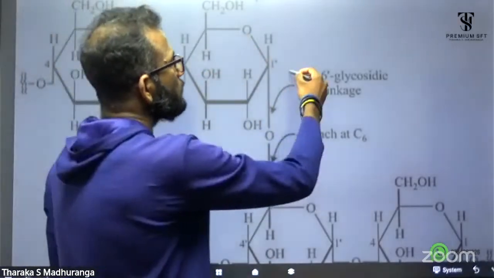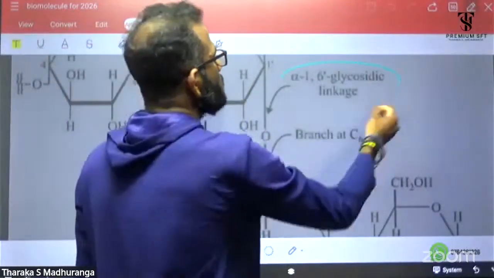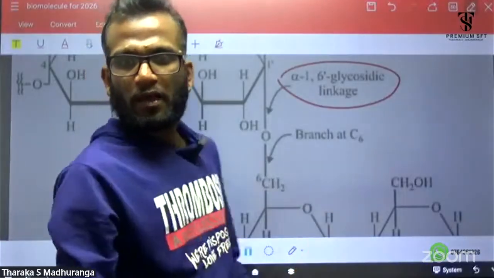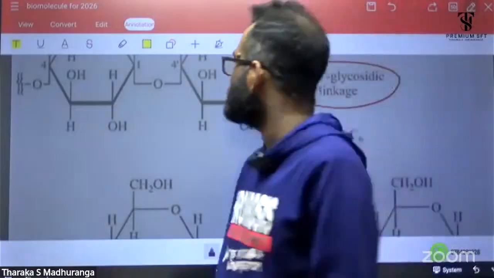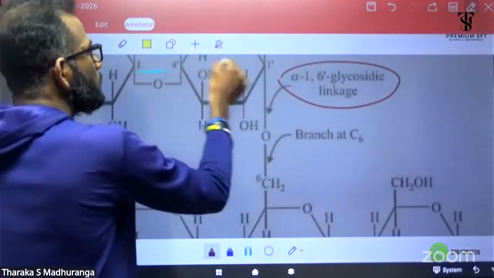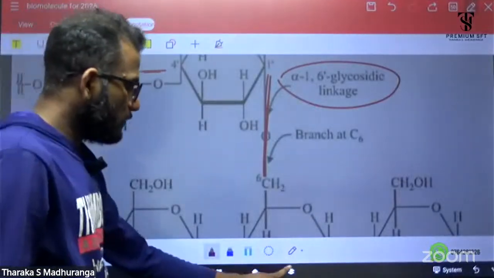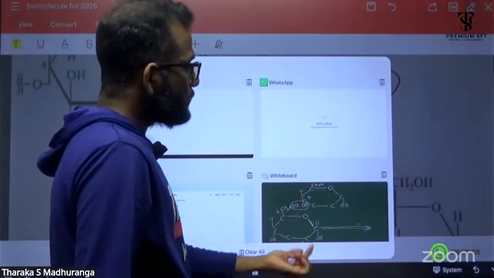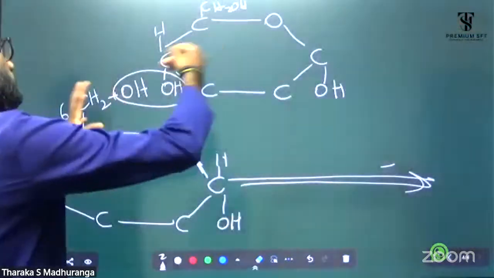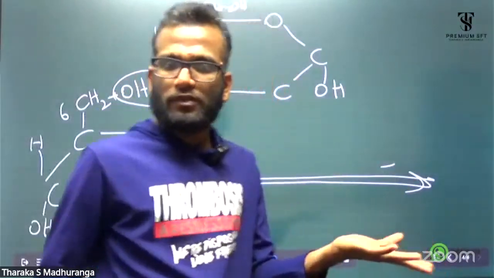In our syllabus, for amylopectin, 1,4 and 1,6 glycosidic bonds are the only important ones, but in other very complex polysaccharides, different types of glycosidic bonds form.